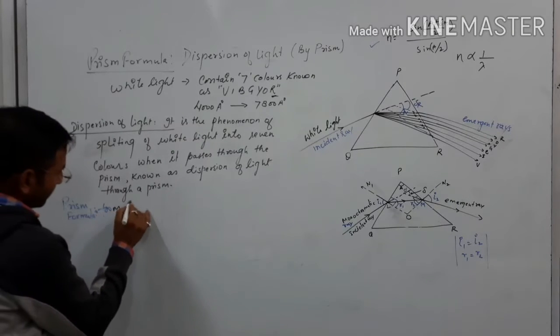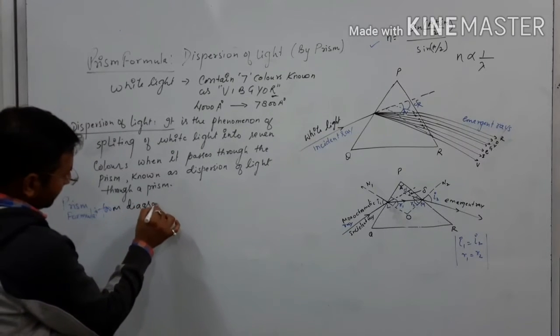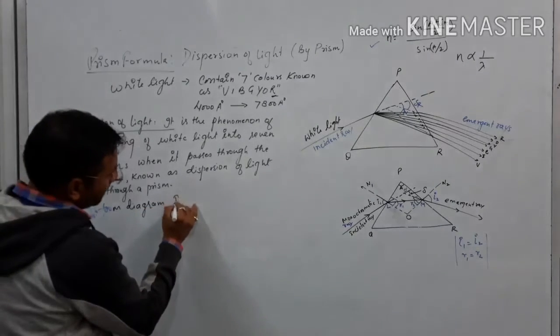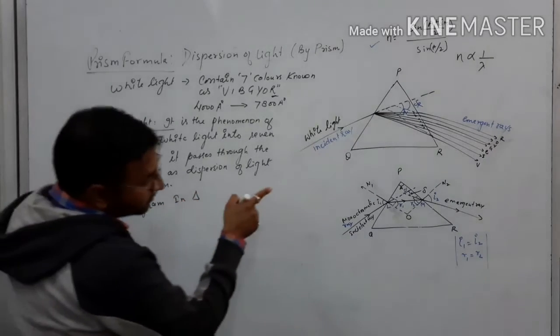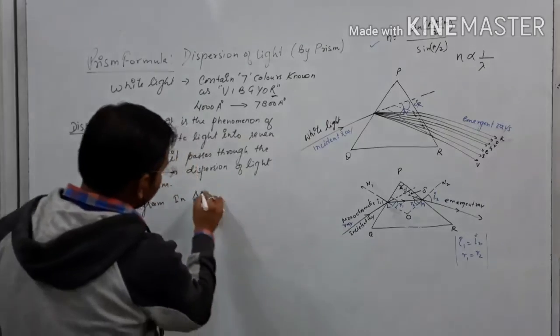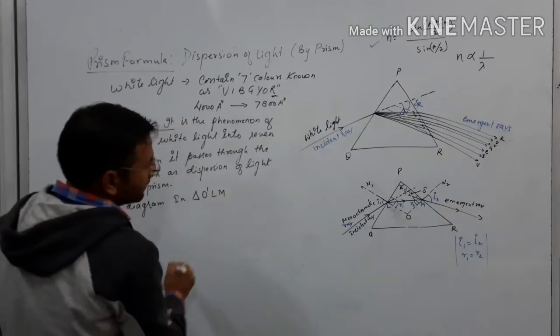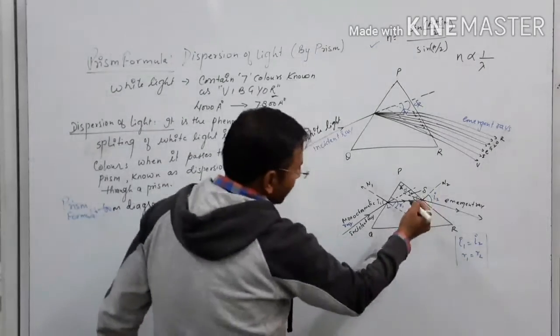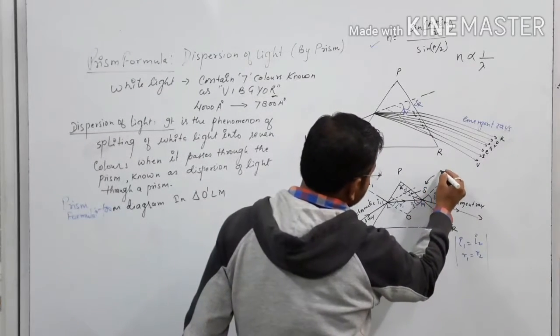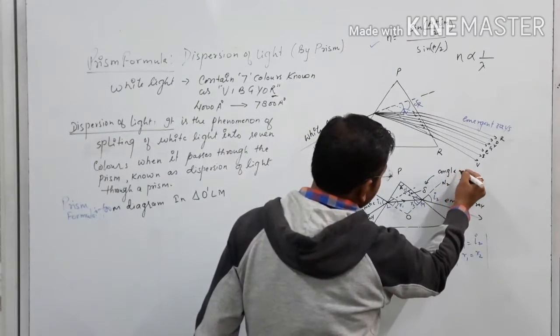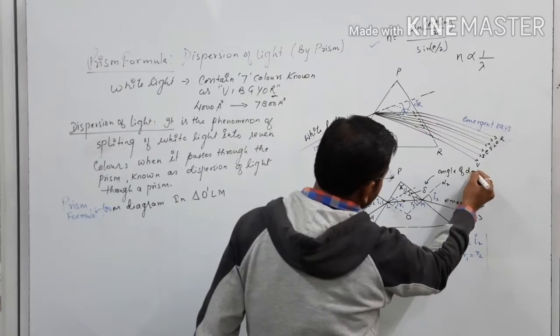In triangle O dash L M, this angle delta is known as the angle of deviation.